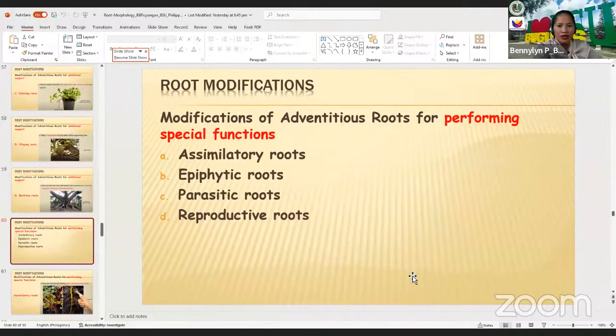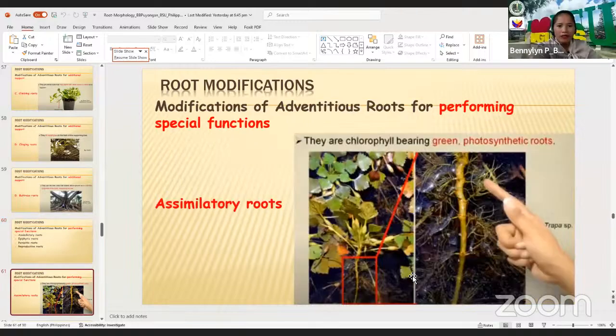Moving on, the modification of adventitious roots for performing special functions. This one has a specific function in terms of the growth and development of the plant, like the assimilatory roots, the epiphytic roots, the parasitic roots, and the reproductive roots. For the assimilatory roots, they are chlorophyll-bearing green photosynthetic roots.